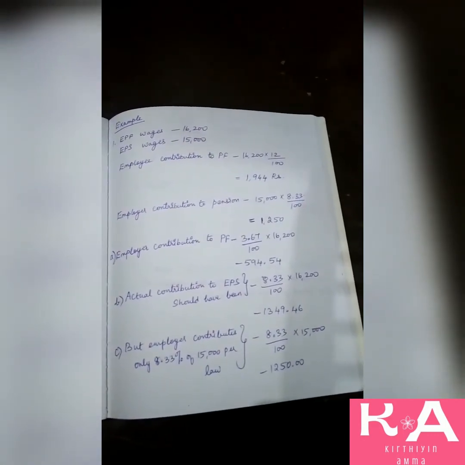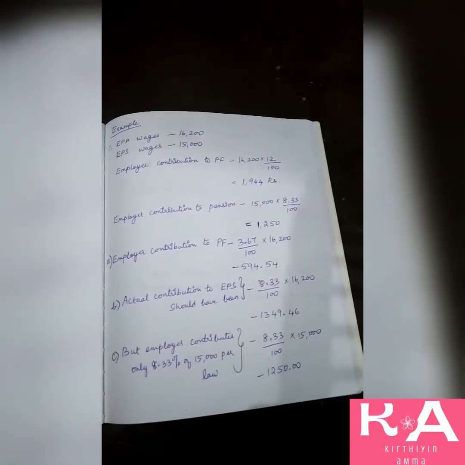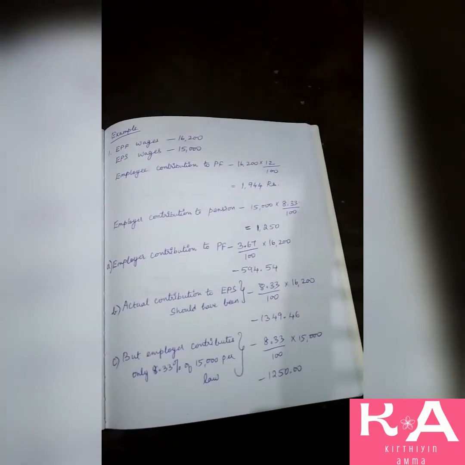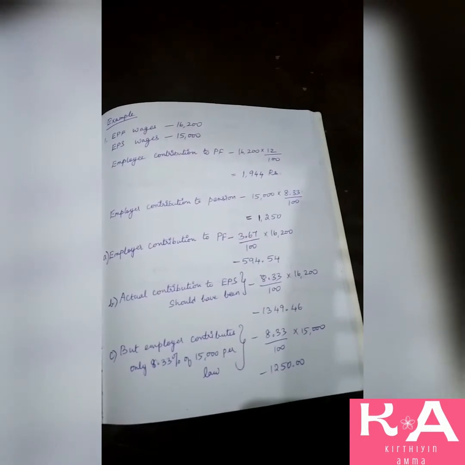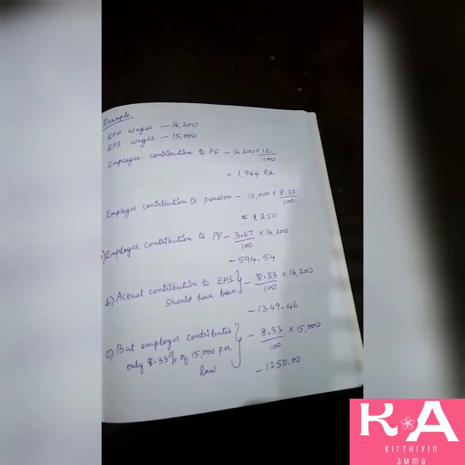Now you have to calculate the difference of the actual contribution to EPS and the employer contribution to EPS. Okay, so what should the actual contribution to EPS have been? Basic plus DA, right?